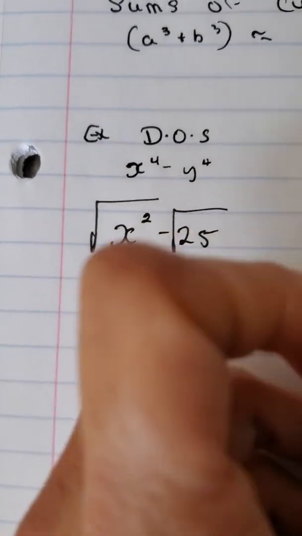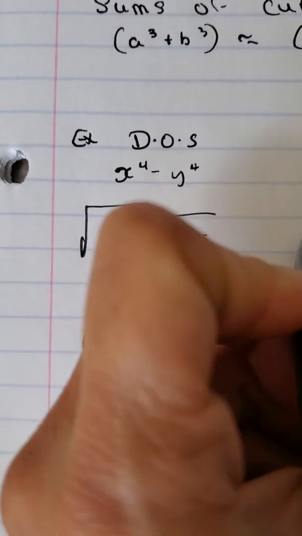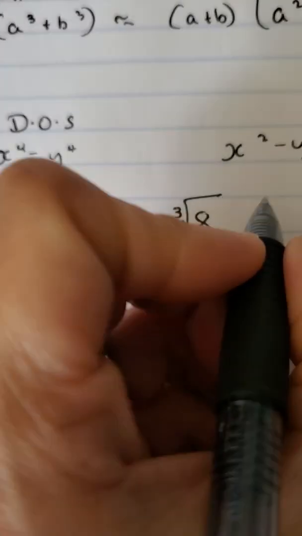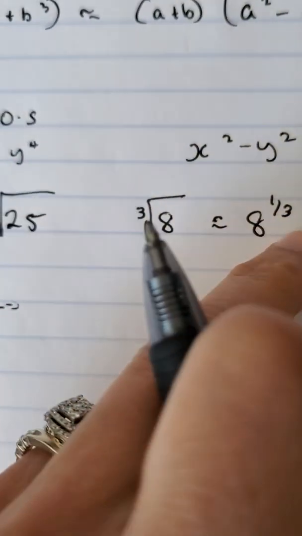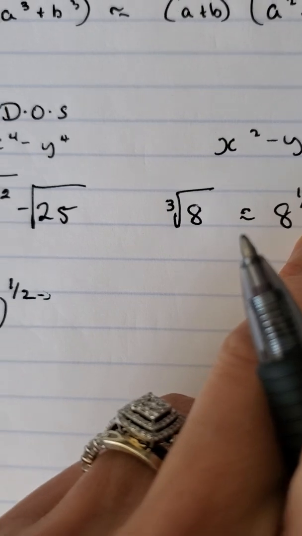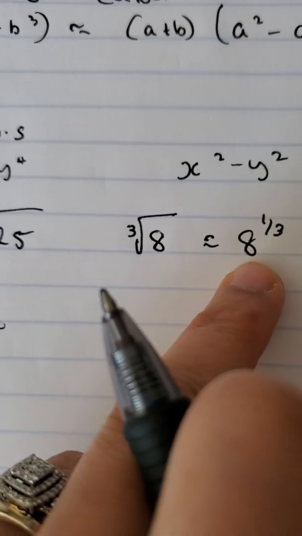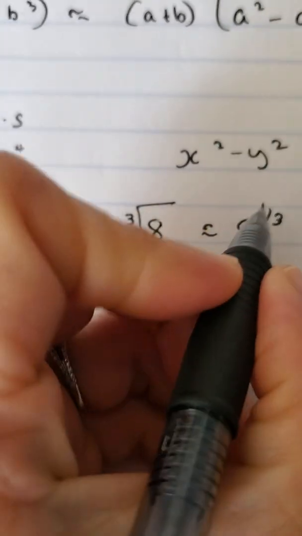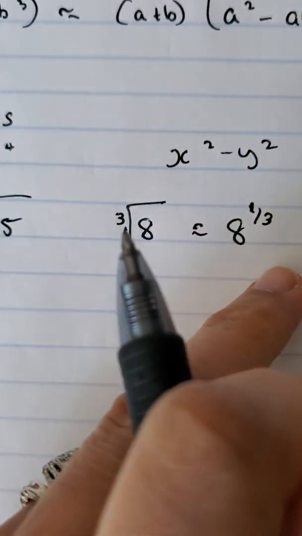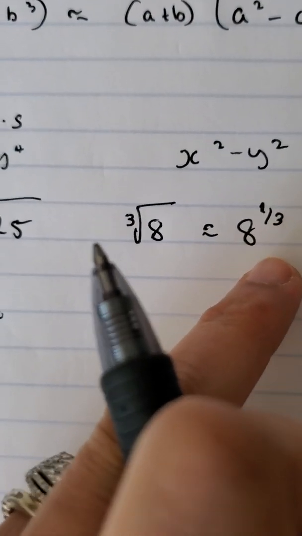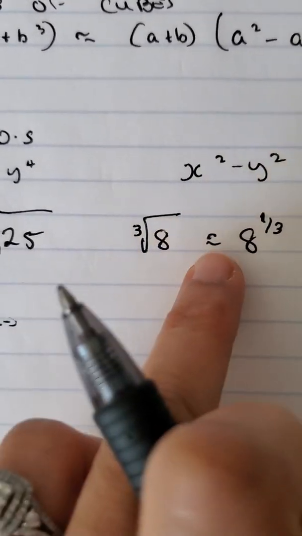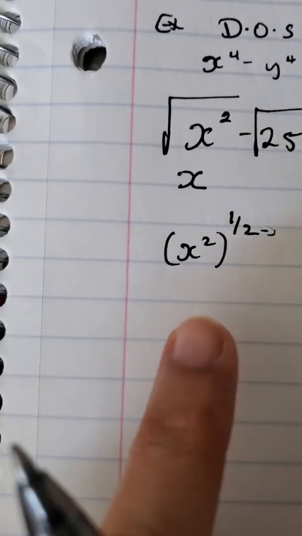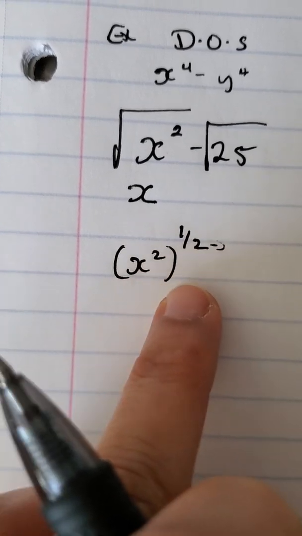So for example, if I find the cube root of 8, this is the same as saying 8 to the 1/3, where the denominator tells you the root of your base, and the numerator tells you how many factors of the base you have. So I have one factor of 8, and it's a cube root of 8, one factor of the base. And in this case, I have one factor of x squared.